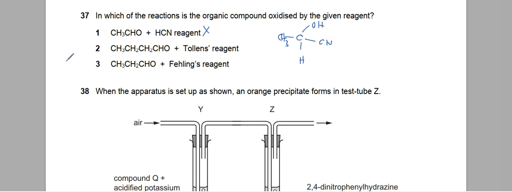But this one is oxidation. This is an aldehyde, oxidized to a carboxylic acid. So the answer is C.